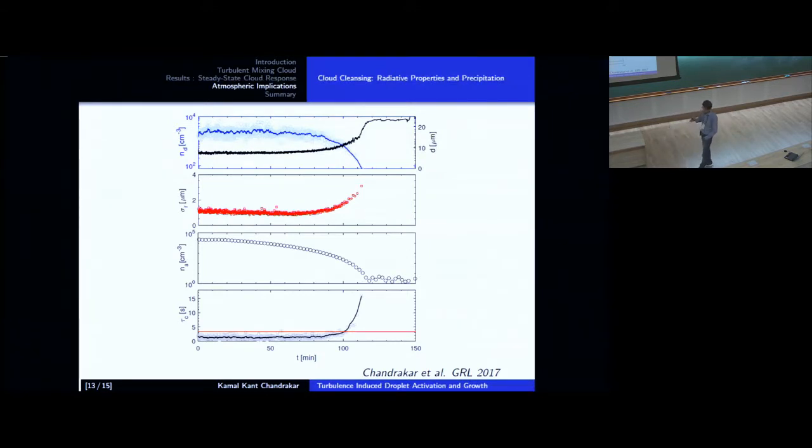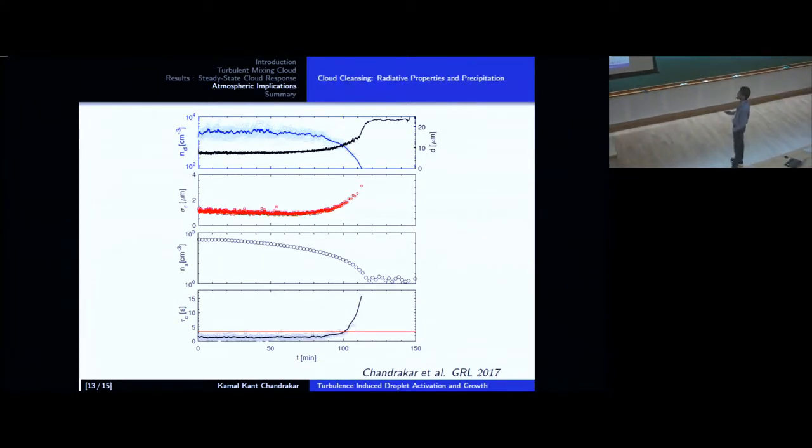Aerosol activation is not just a function of the mean supersaturation; it also depends upon the fluctuation in the supersaturation. I haven't shown that figure here, but this loss is partly due to the mean and partly due to the fluctuation in the supersaturation. So you can see the tau c is increasing, and once it crosses, you can see the sudden increase in the droplet size and the sudden decrease in the droplet number and the aerosol number concentrations.